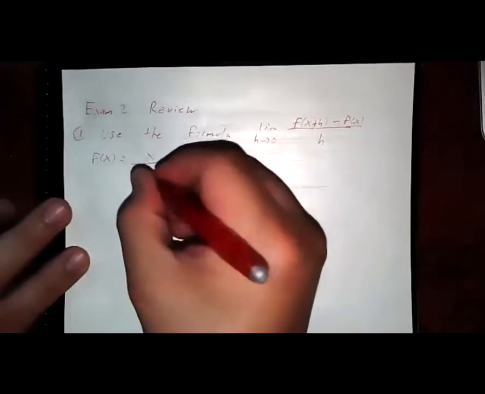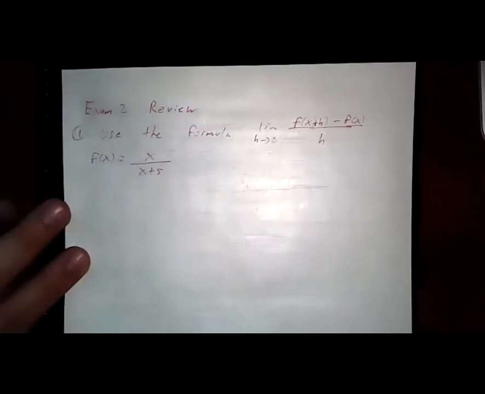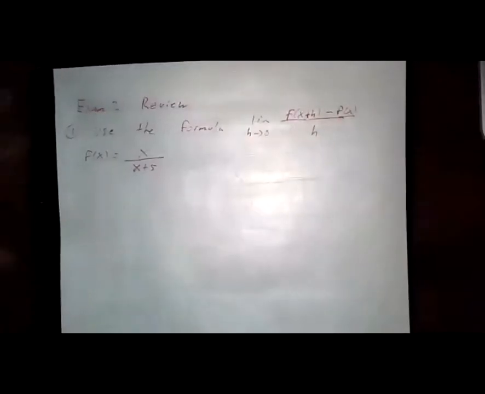So they give you a g, but who cares? We'll call it f just for consistency, since they were not consistent in the question. Okay. All right, so here's f.